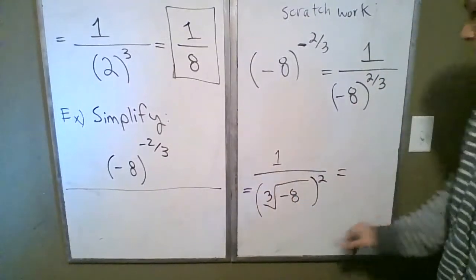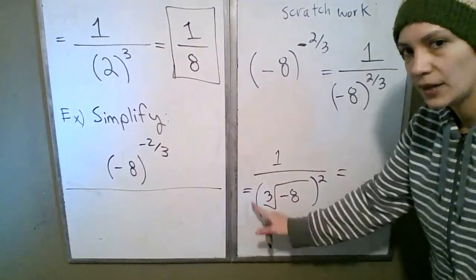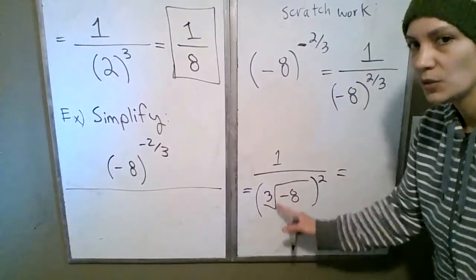Okay, let's keep going. When you have an odd root, you can take a negative sign out from under the root. So we'll bring this negative out and have a negative cube root of 8.